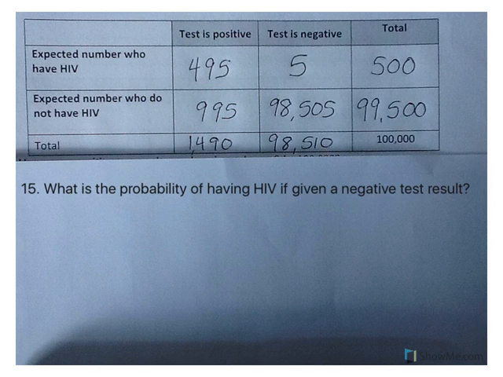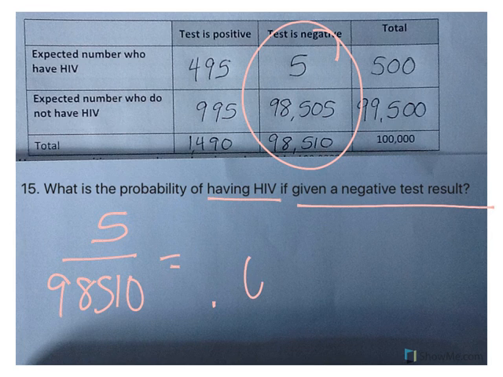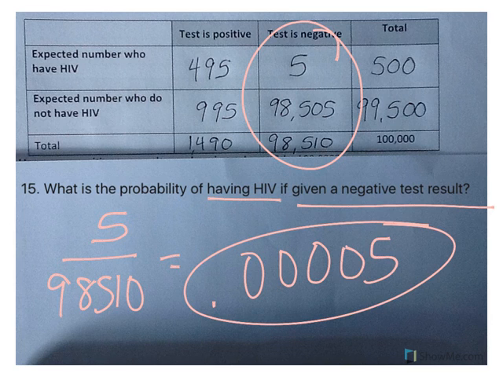Okay, let's go if given a negative test result. So let's talk about our negative test results. Having HIV over the total of negative testers gives me 0.00005. Super, super small decimal there.